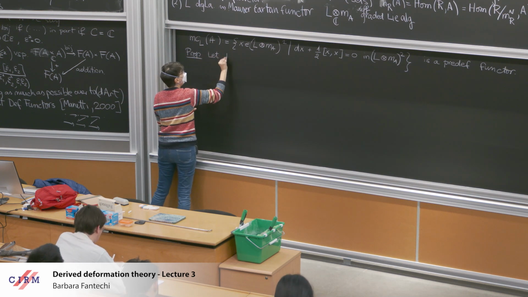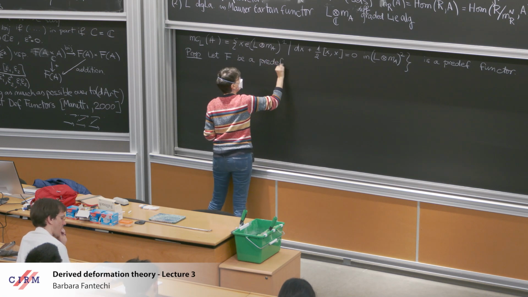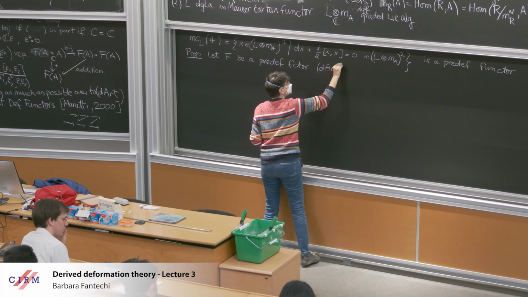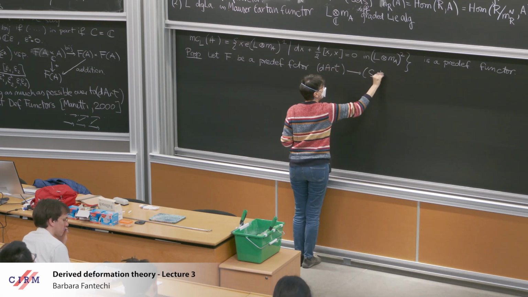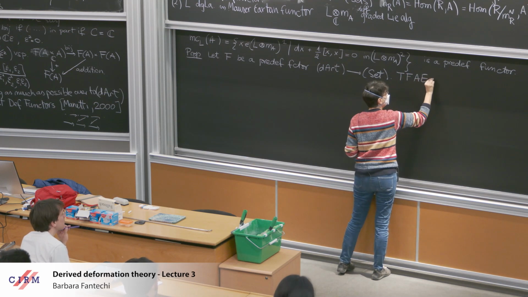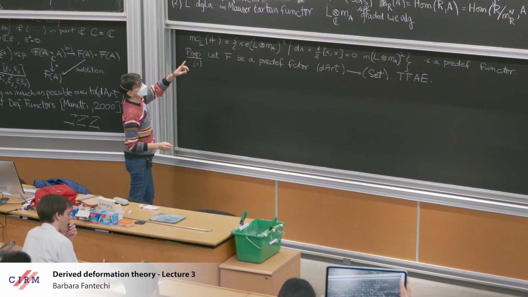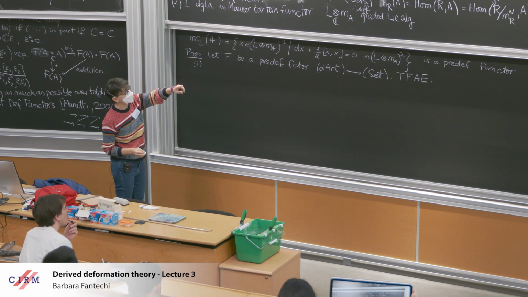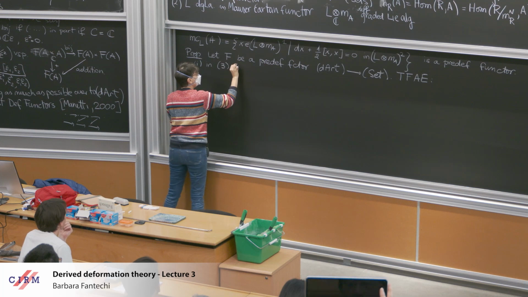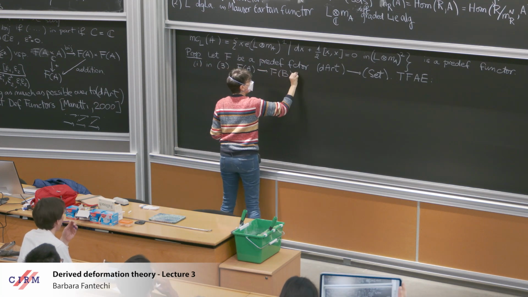Let F be a pre-deformation functor from the art to sets. Then the following are equivalent. So condition 1 is that in the step 3, the map is an isomorphism. In condition 3, F(A) to F(B) is a bijection.